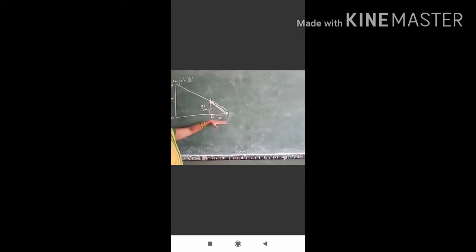So now we need to find the shadow of the girl, that is DE, and we take this one as x meter. Here it is in meters, so we have to convert 90 centimeters into meters. So 90 centimeters converted into meters will come to 0.9 meter.